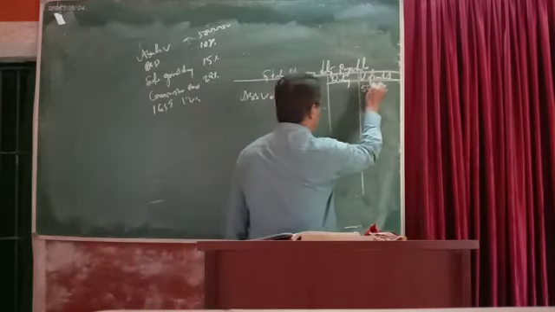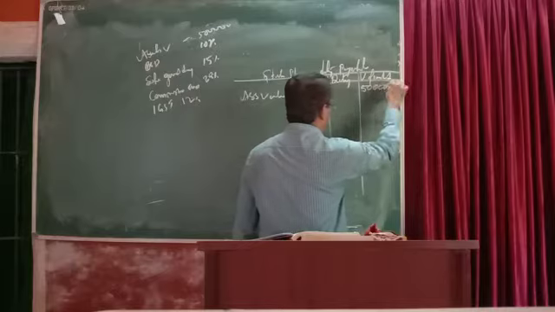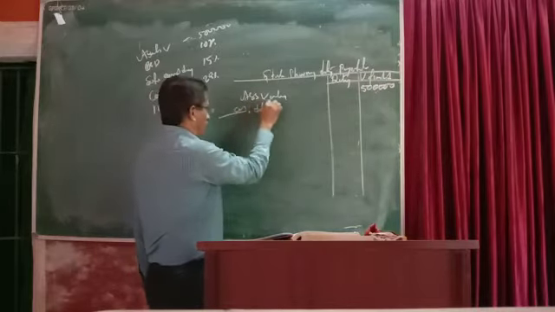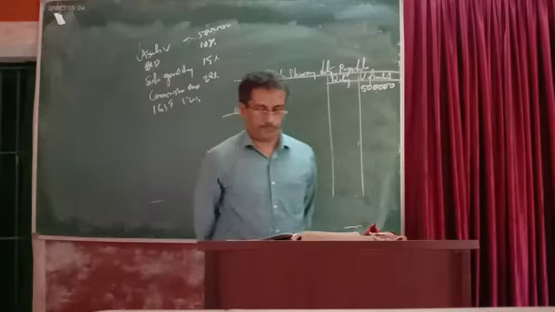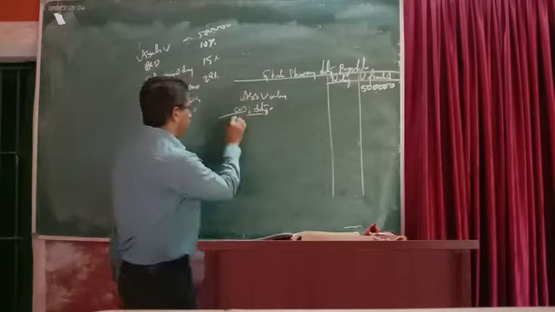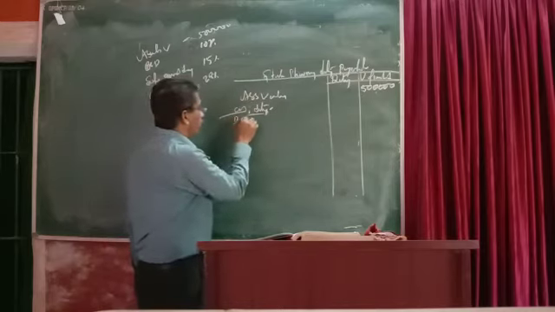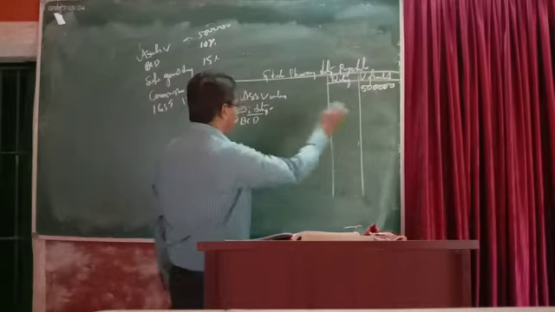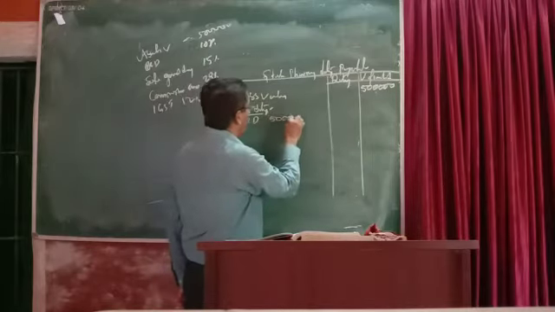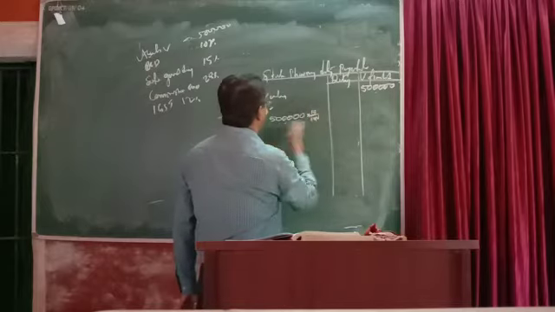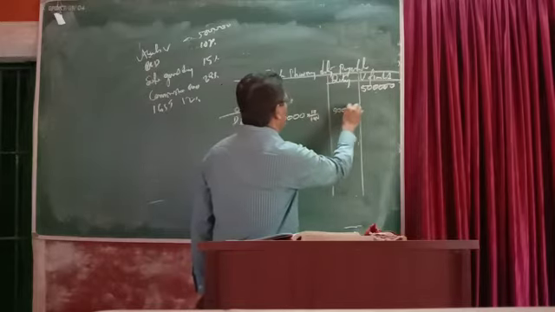5 lakhs. Add duty. First duty here is BCD, basic custom duty. Here basic custom duty is 10%, so 5 lakh into 10% will be 50,000.